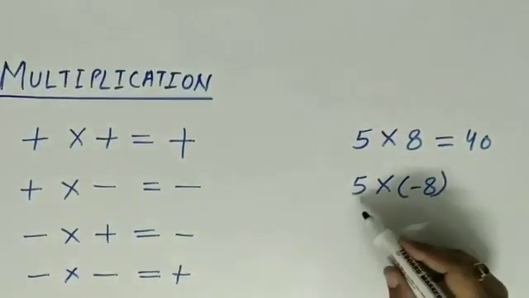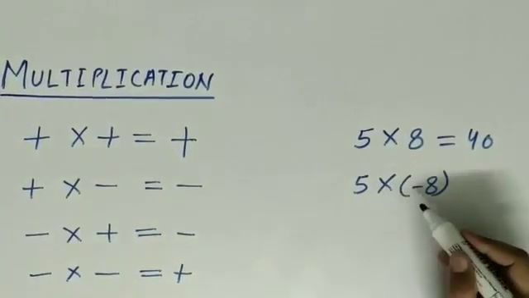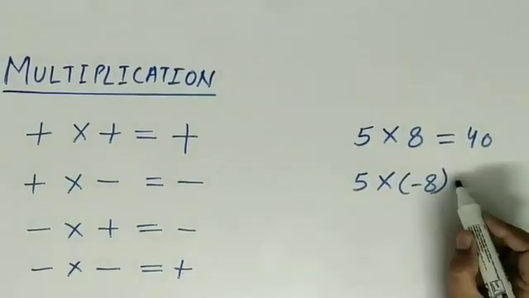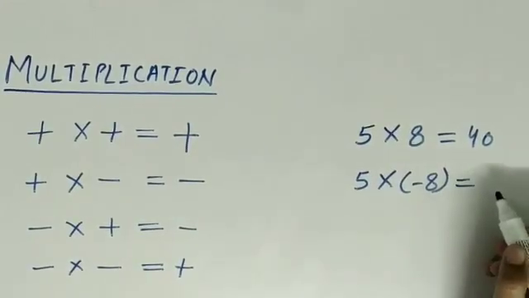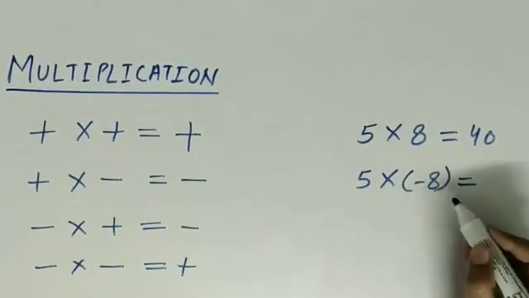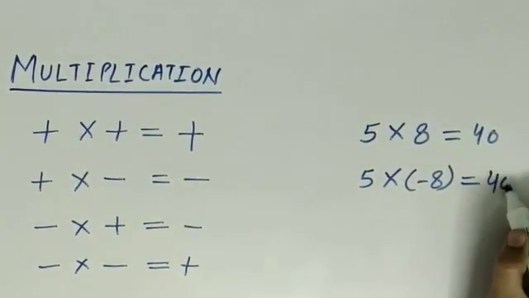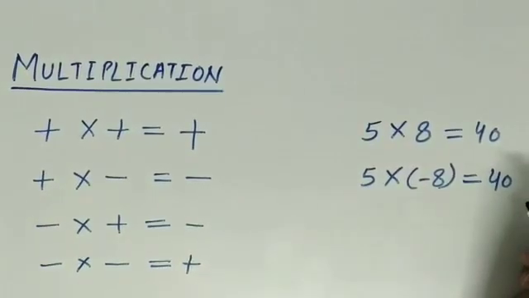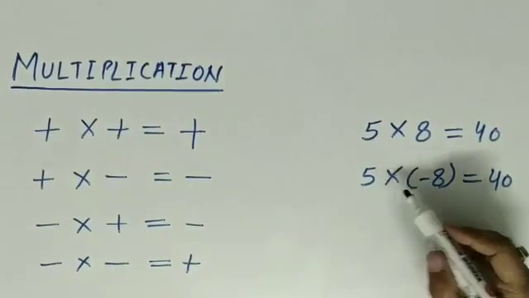See children, this is the difference between addition and multiplication. Now I am not giving the answer as minus 3. Here we get the answer by multiplying the two numbers. 5 multiply 8 equals 40, and when I multiply the numbers, then I also multiply the sign.